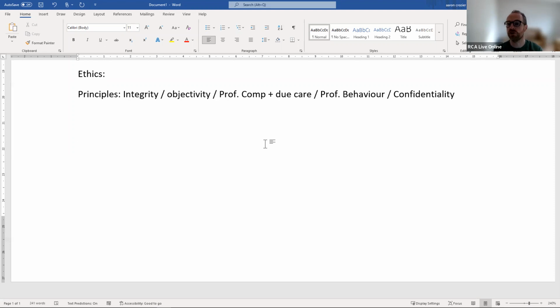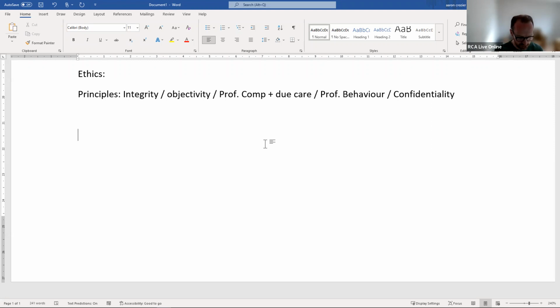Professional behavior, not to do anything to bring the profession into disrepute. And confidentiality, well, what it sounds like. So making sure that you act in a confidential way at all times. Well, maybe not at all times. You could release the information if it was in the public interest or if the client allowed you to do so.